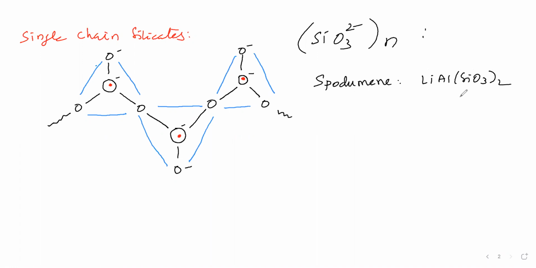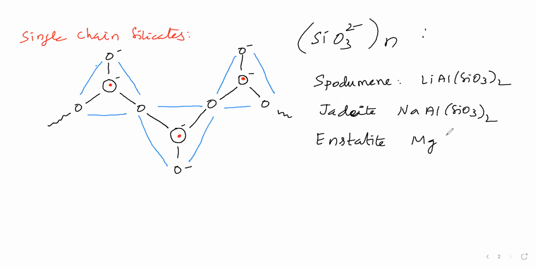Next example is jadeite. Its formula is NaAl(SiO3)2. Next, enstatite. Its formula is MgSiO3.